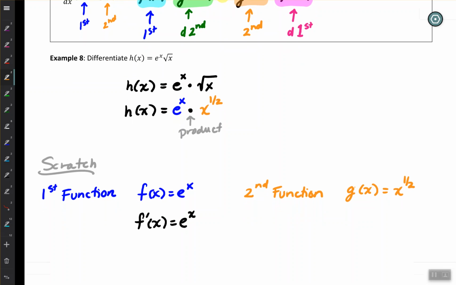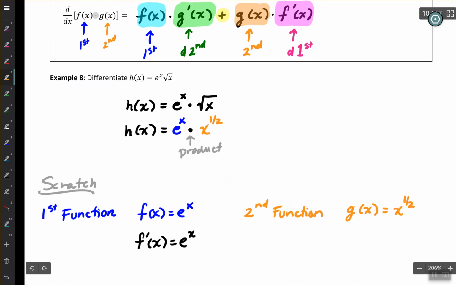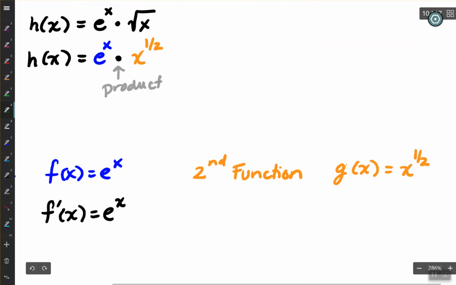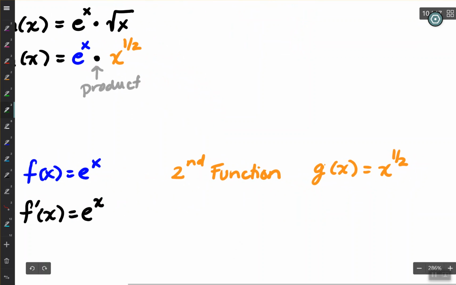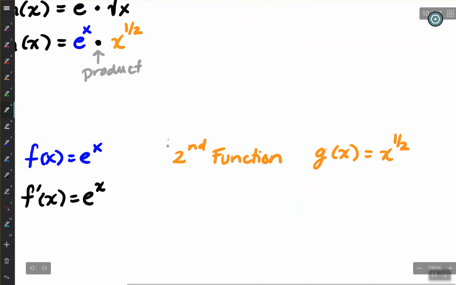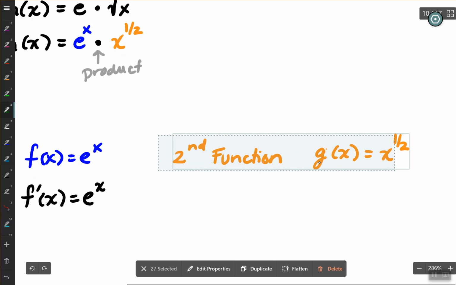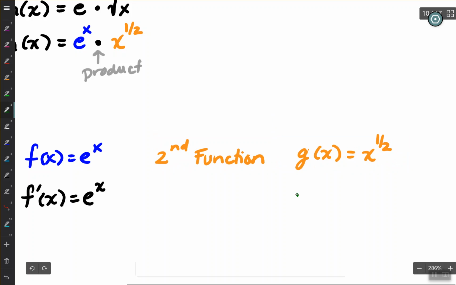In product rule, I'm going to need the derivative of the second function as well. Right? I need g prime. So I'm going to zoom in over there, and let's just get g prime. Okay. So g prime of x, doing power rule, 1/2 x to the 1/2 minus 1 power. 1 is 2 halves.